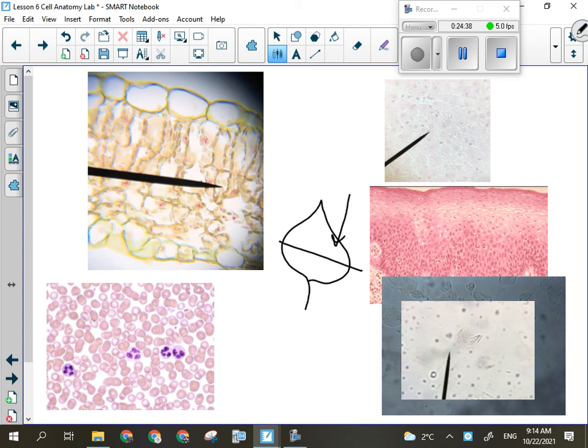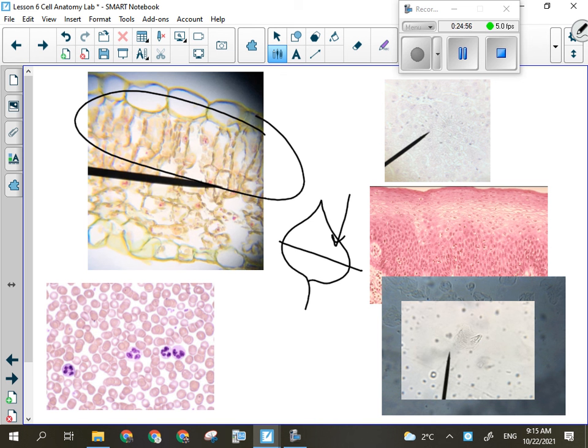Okay, that's what a cross section is. All right, so what we're looking at are essentially the different layers of the leaf, and you can see up here that we have lots of those rectangular looking cells, right? And you're going to be able to see this quite clearly through your microscope.